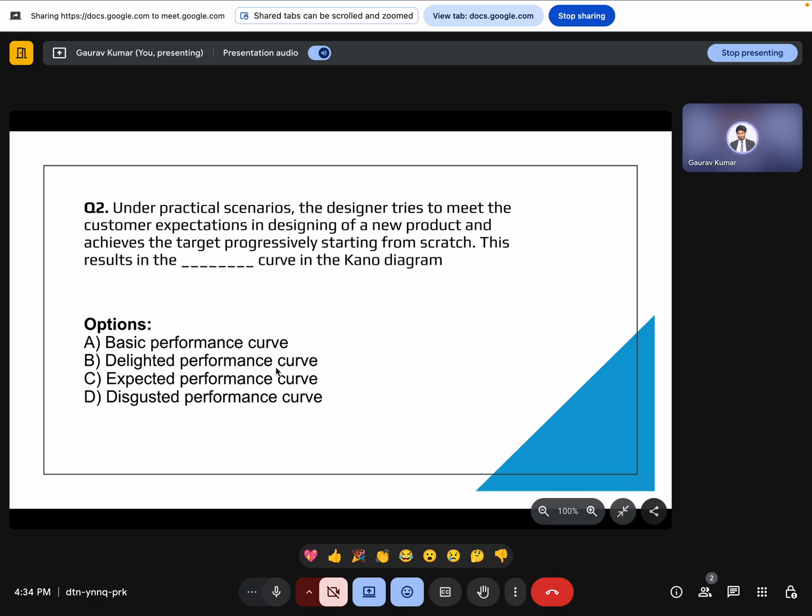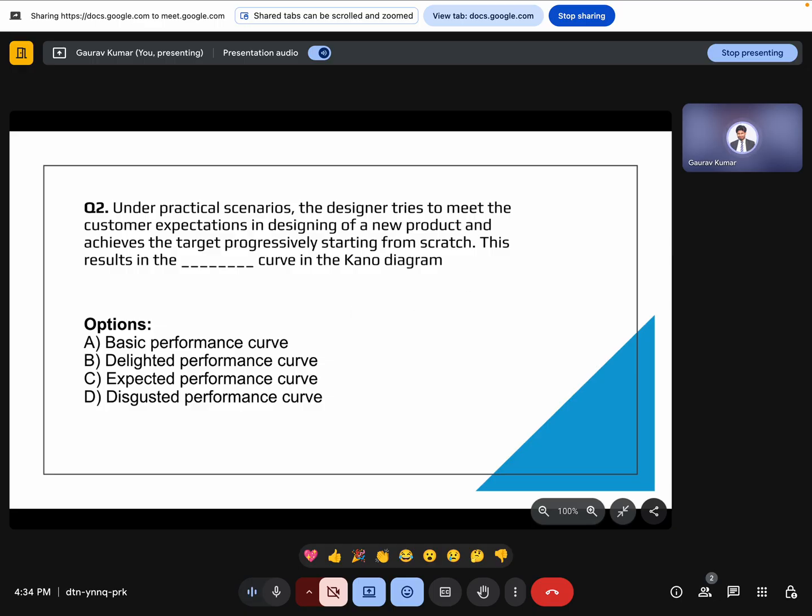For example, in an assistive crutch, users may only expect it to be strong and stable. However, if the designer adds a shock absorbing tip or automatic folding mechanism, the feature delights the user and creates loyalty to the product, right? Other options do not fit this description.